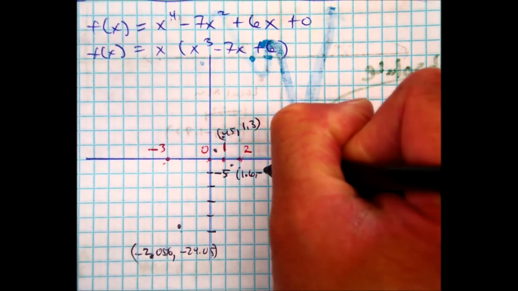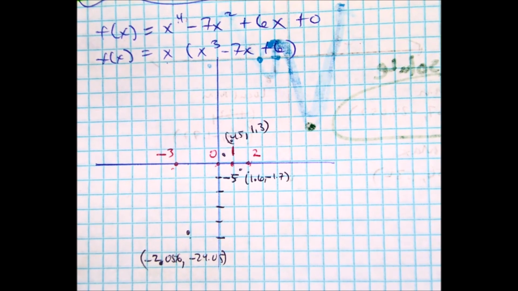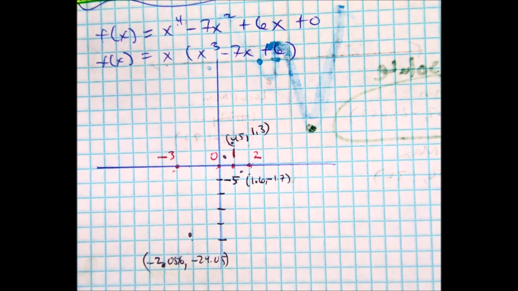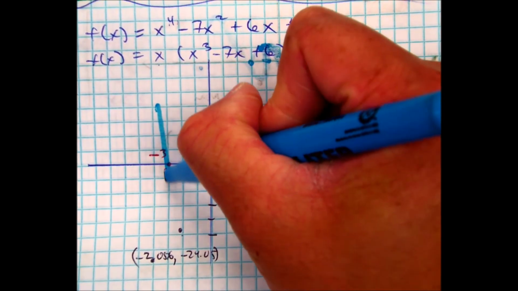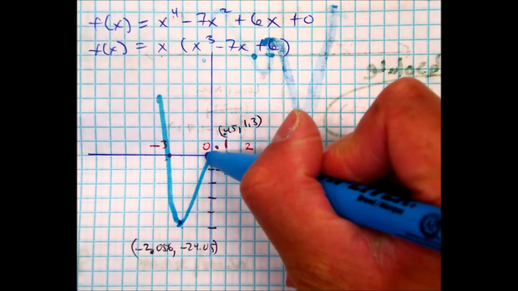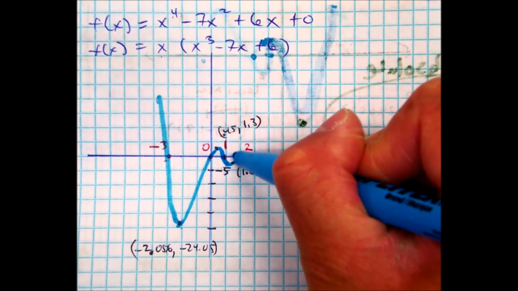Again, I'm getting all of that from the calculator. Right, you can estimate the mins and maxes. And you can go ahead and sketch this. So I'm going through -3, going through this point, going through 0, going back through 1, through that point, and then coming back out.